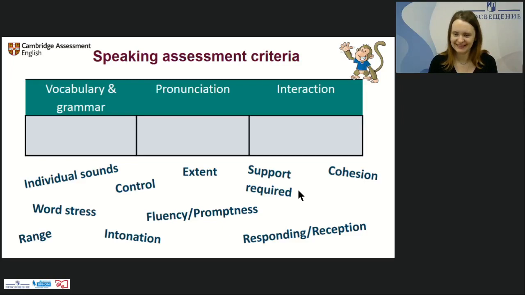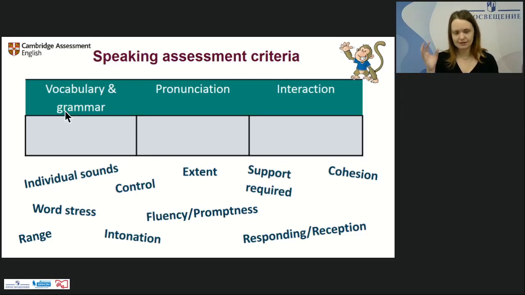That's why you all started with pronunciation. How about vocab and grammar? Anything for that? So vocabulary and grammar. Okay.